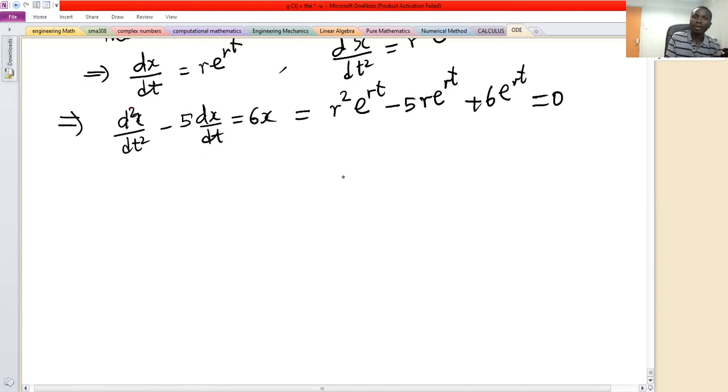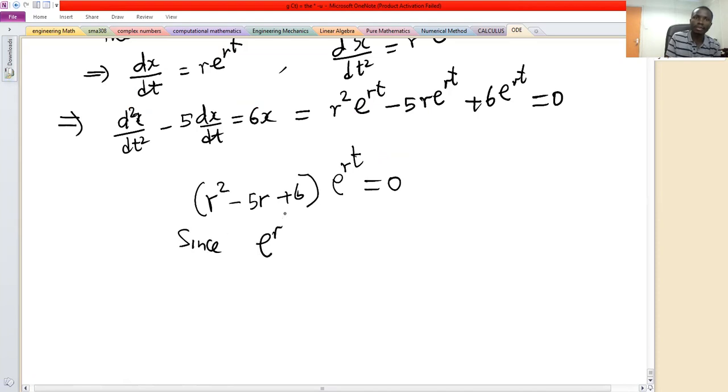Then e raised power rt is common, so we have e raised power rt times r squared minus 5r plus 6 equals 0. And since the exponential function can never be 0, it implies that this coefficient, r squared minus 5r plus 6, equals 0.